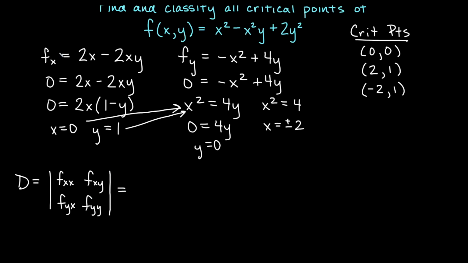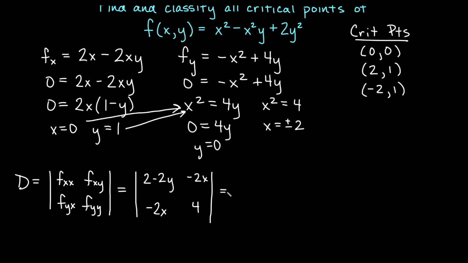Okay, so fxx, partial derivative with respect to x, take it with respect to x again, then we will get 2 minus 2y. fxy, if I take the derivative of this with respect to y, I will just get -2x. Let's just make sure we did it correctly. If I took the derivative of fy with respect to x, I would also get -2x. And fyy, we want to take fy and take the derivative with respect to y again, and that would just give us 4.